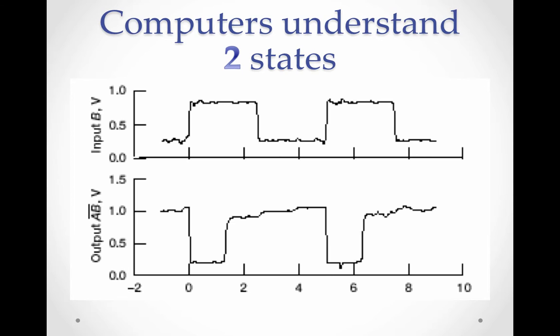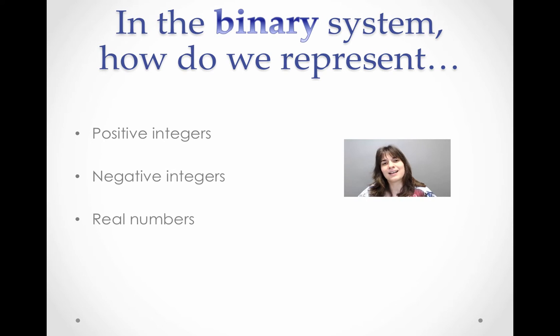For this reason, the binary system is much more appropriate as a language for computers than the decimal system would be. What we're going to see in the following videos and lectures is how we can represent in the binary system positive integers, negative integers, and real numbers.